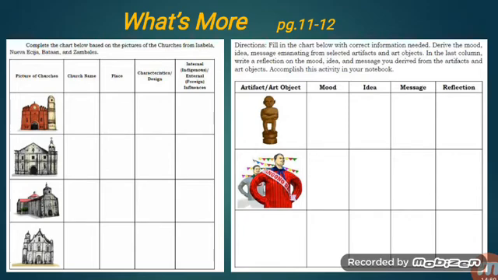So we have pictures of the churches in the first table. The second table, church name. Ano po yung pangalan noong ating mga simbahan base sa kanilang itsura. Saan po sila matatagpuan? Place. Characteristic or design.